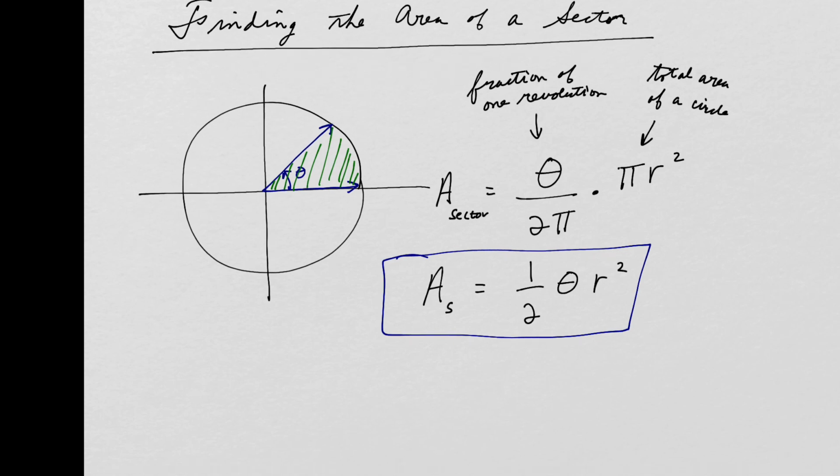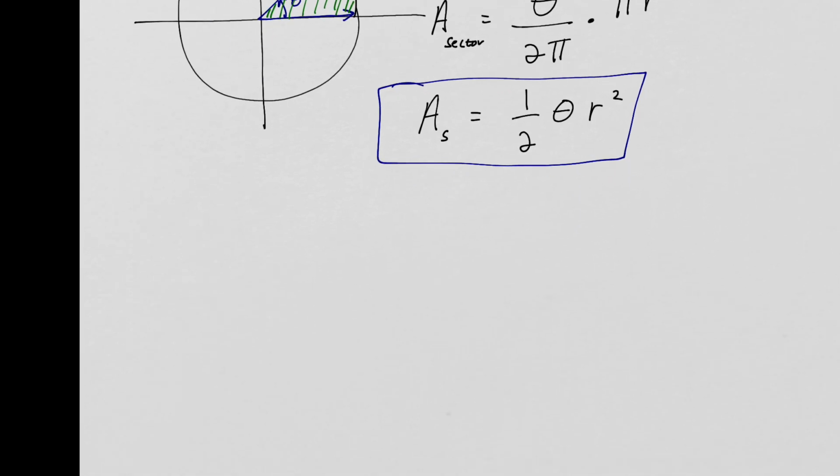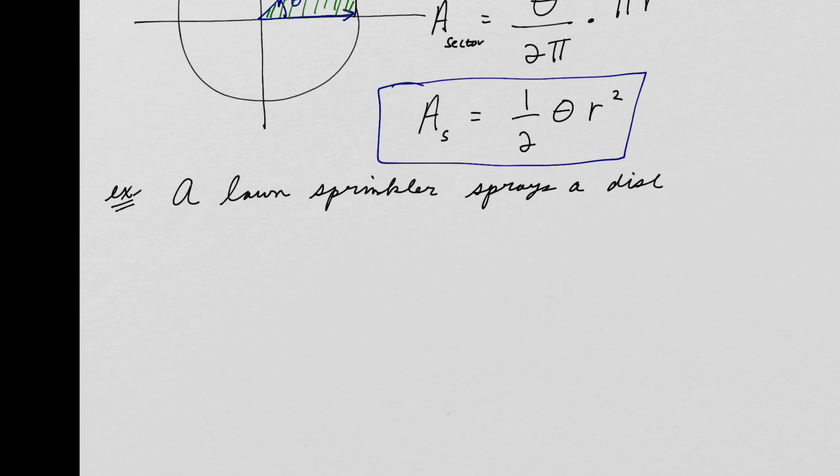So here's an example where that comes up. Let's say you're told a lawn sprinkler sprays a distance of 30 feet while rotating 45 degrees.